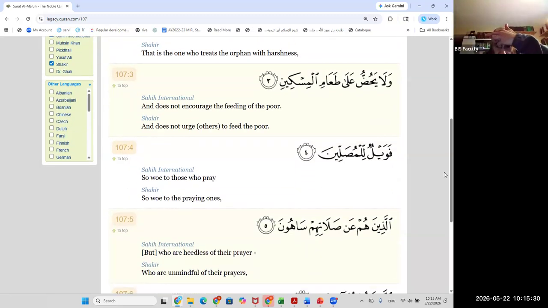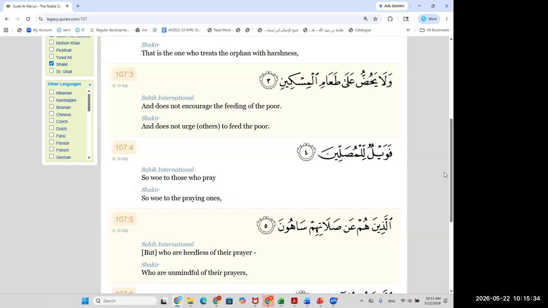Okay, four should be straightforward: فويل للمصلين. So this is حرف عطف, and this is back to ترتيب, because it does have to do with the time sequence. And this is a جملة اسمية.